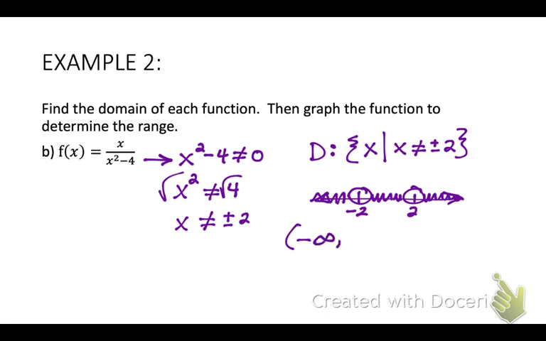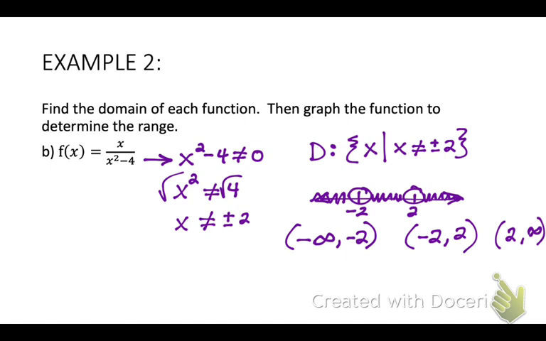So negative infinity to negative 2, not including it. This middle chunk is going from negative 2 to positive 2. I'm going to leave a gap there because we're going to put something there in a second. And then my third part is going from 2 all the way up to positive infinity. Again, I'm going to leave a gap there because I'm going to put something in between there.